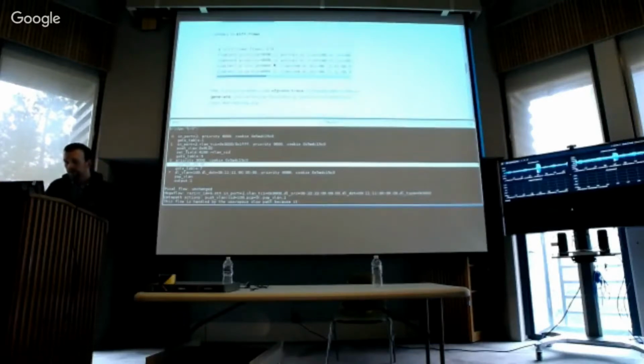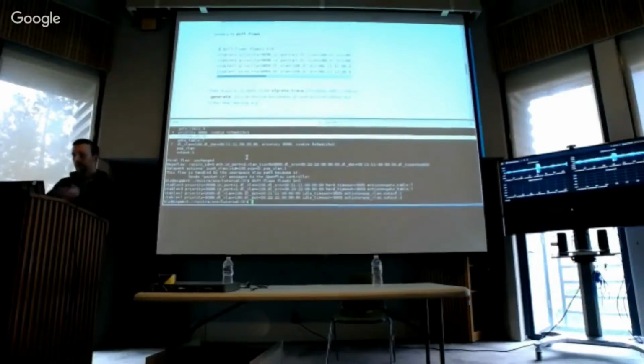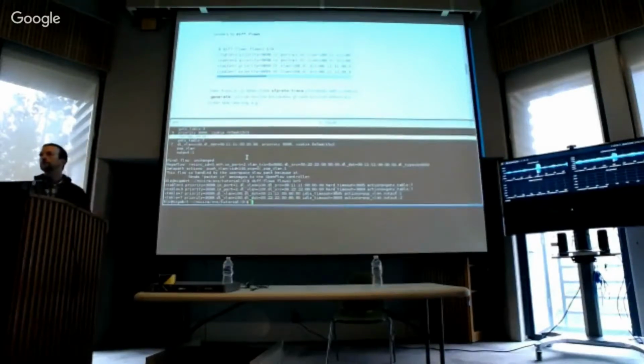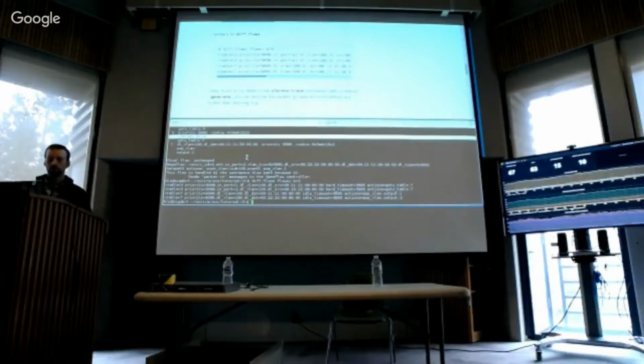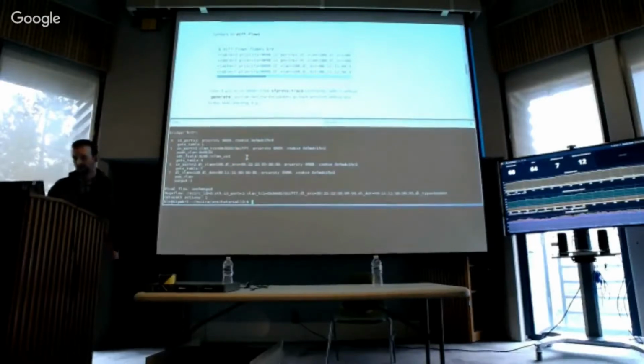So we can do the diff flows again, and now we've got both of these MAC addresses learned. So there's an entry for each of them in table 3 and in table 7. Now let's rerun this trace command and see what's changed.